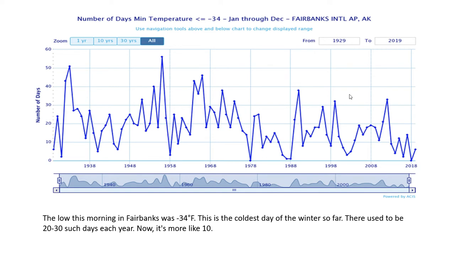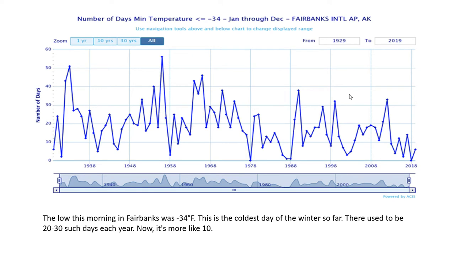So yes, this exemplifies how us scientists, us climatologists, tease out the data. We tease out the natural signals from the human signals. And the natural signals, yes, we get this sort of stuff here. The human signals, if it were not for global warming, were not for us burning fossil fuels, it would have been a hell of a lot colder up here.